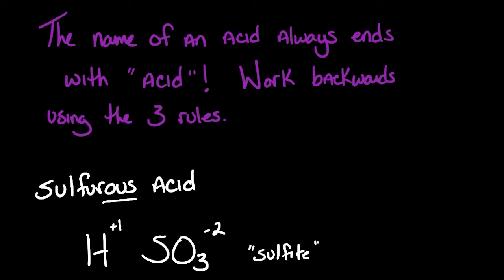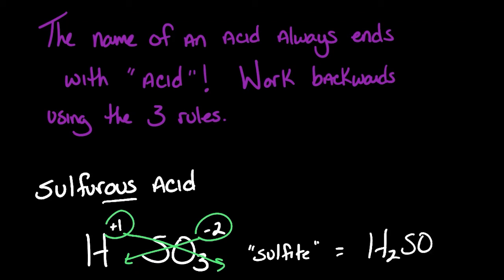Sulfite has a -2 charge, so I do need to do some work before I finalize the chemical formula. You can still use the crisscross method like we did in our ionic compound videos to get the chemical formula. So in this case, my chemical formula ends up being H2SO3.